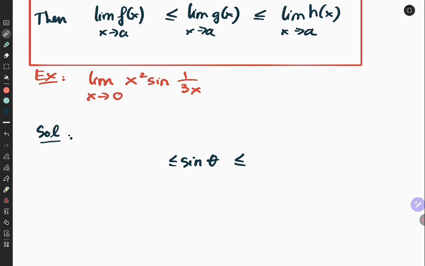If you use a calculator, you put in sine of 1, sine of 2, sine of 3, sine of 3 pi over 4, pi over 2, whatever value you plug in for theta, you'll notice it's always between a certain number: negative 1 and 1.